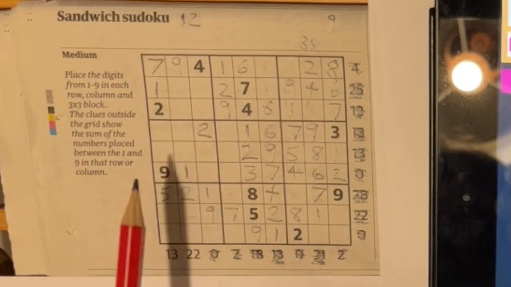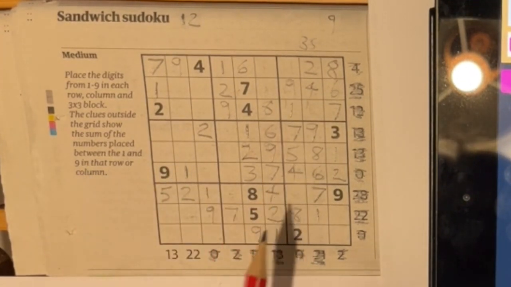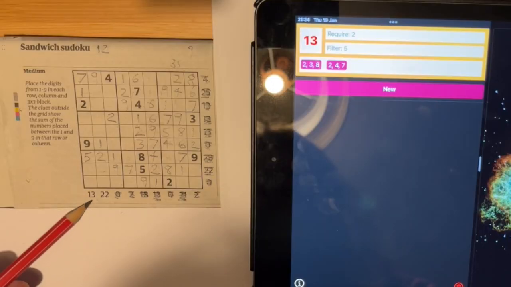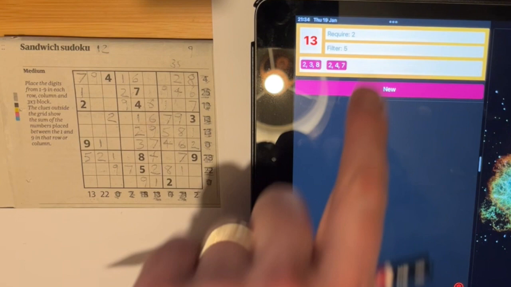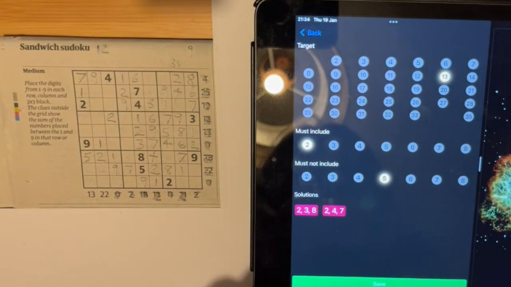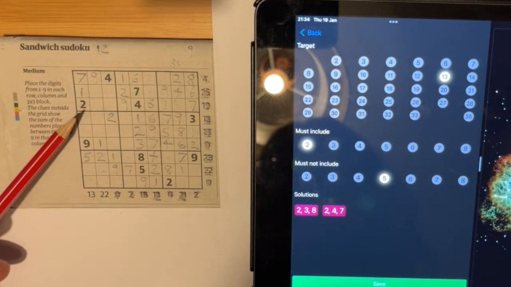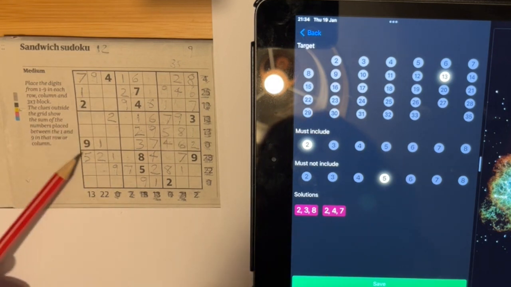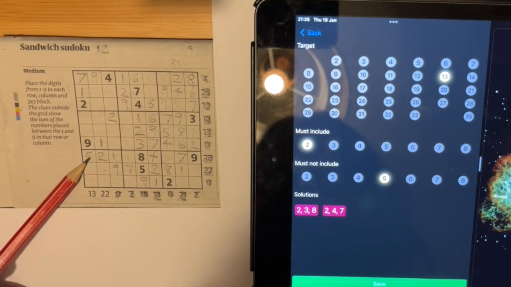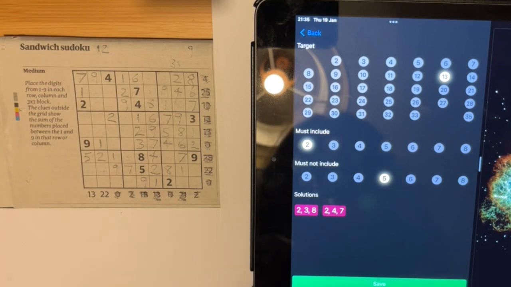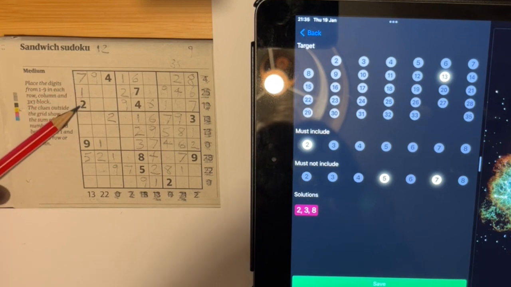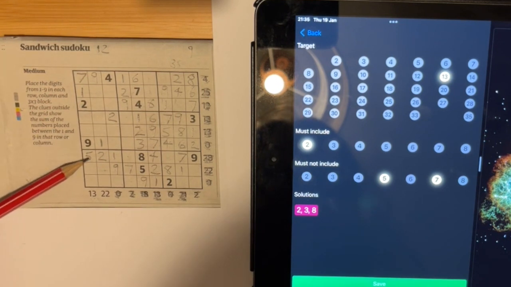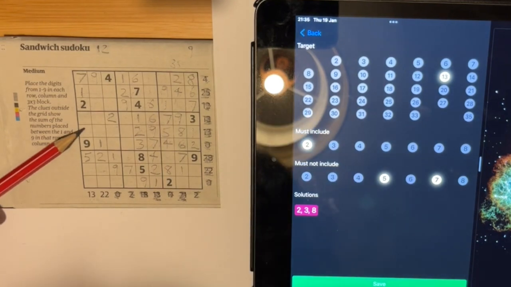And now staying on the 7s, going back to the Sandwich Sudoku rules, we can look at this 13 here, which I think we have here. So we said must include 2, must not include 5, but we also must not include 7. So we can't include 7, must include 2, must not include 5. So we have 2, 3 and 8.